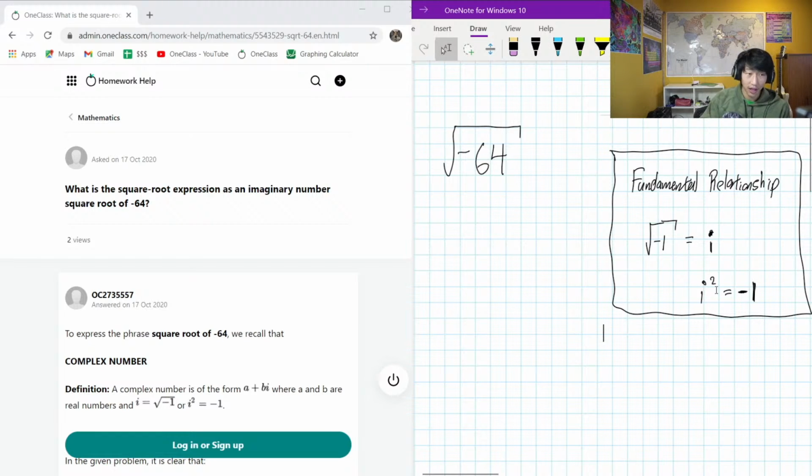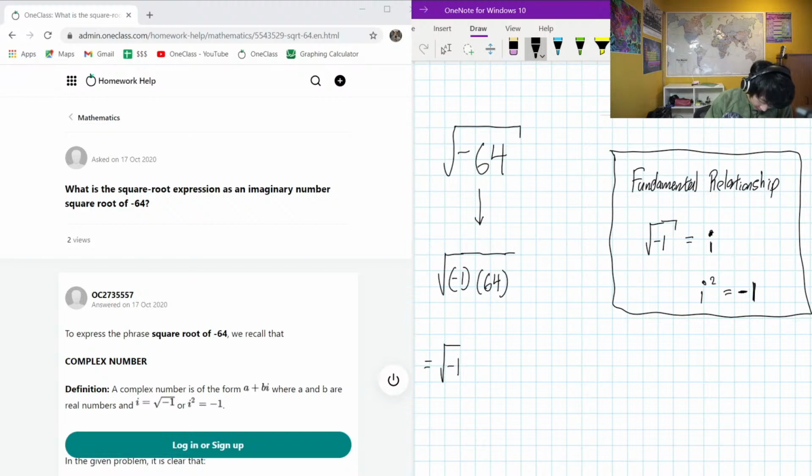Okay, so essentially how we do this is, as we know, we can factor out things that are under the root. So what happens if under the root here we factored out a -1 times 64? Well, another way that we can rewrite this is the square root of -1 times the square root of 64.